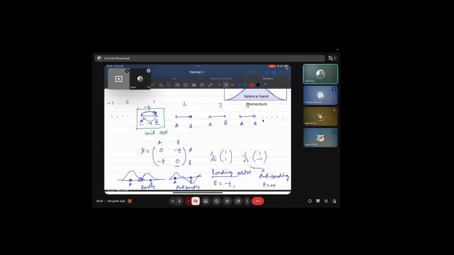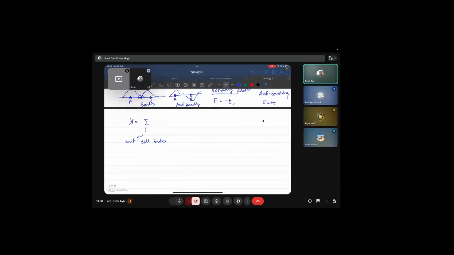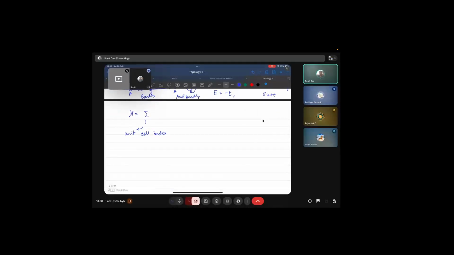It goes on. We are taking an infinite chain. So the unit cell index i is summed over all unit cells, with hopping amplitude of minus T and c_iA dagger c_iB plus c_iB dagger c_iA. These are in second quantization language.